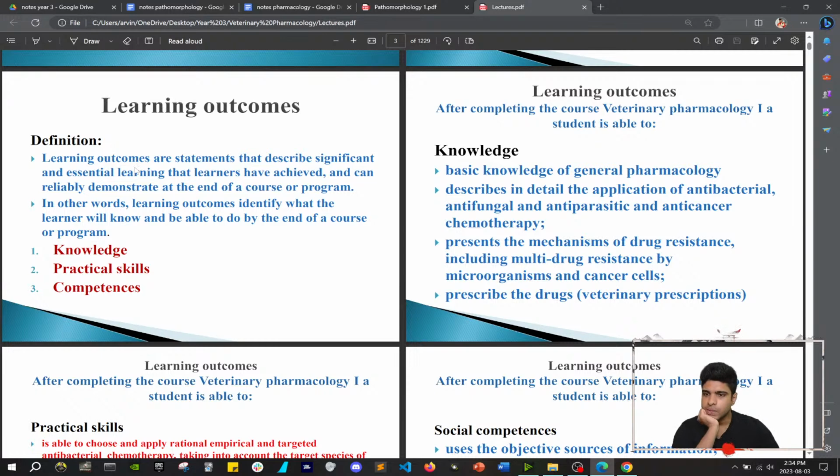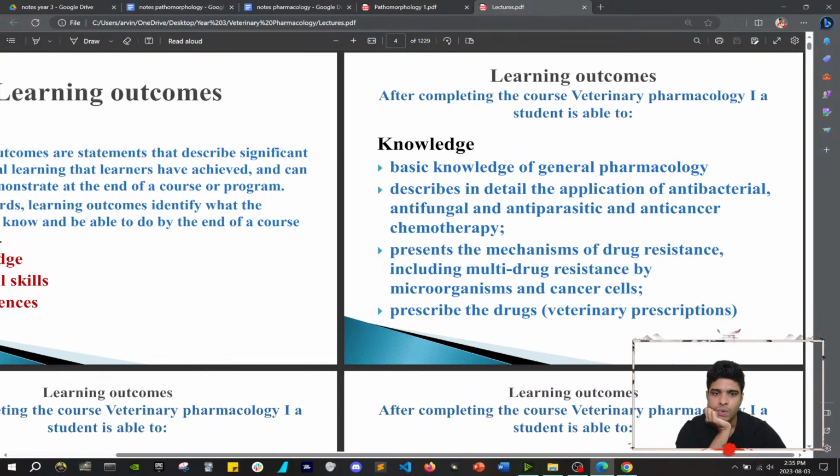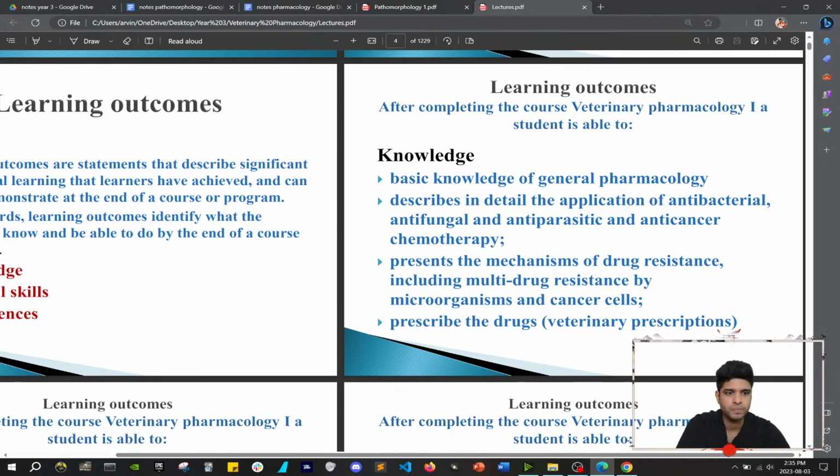So the definition outcomes. So what are the things that I'll be learning?